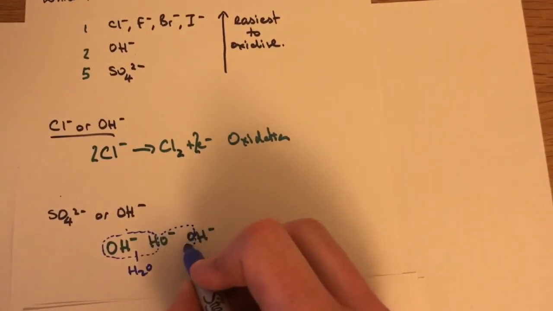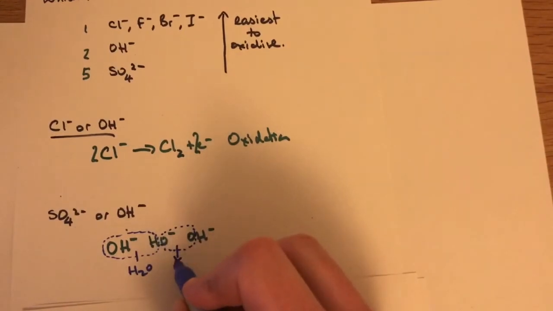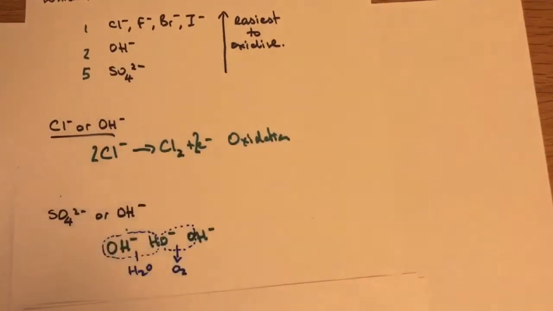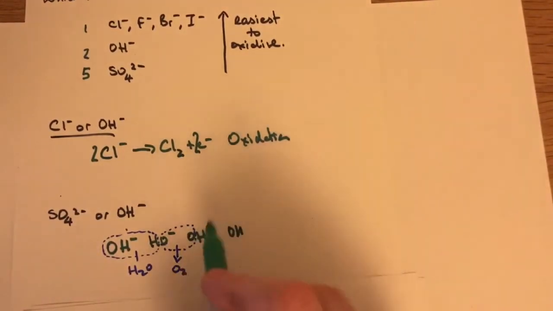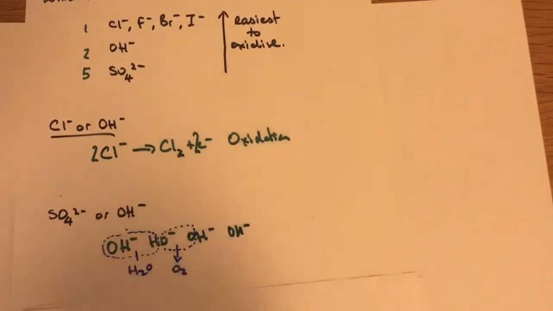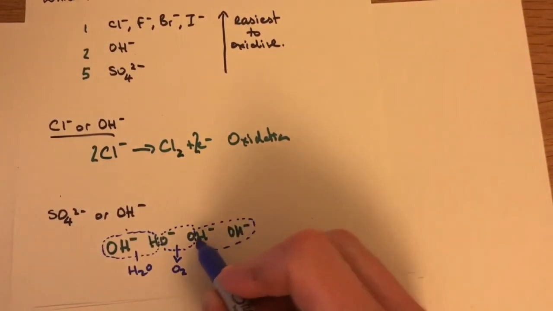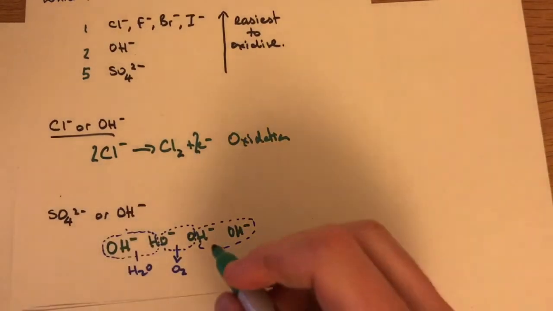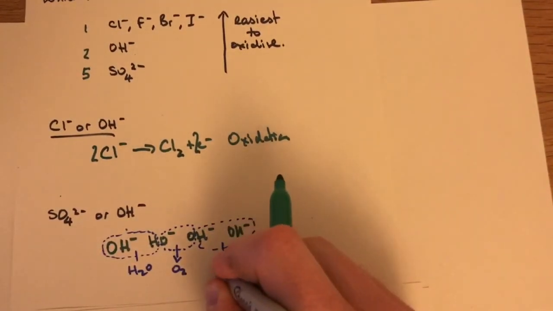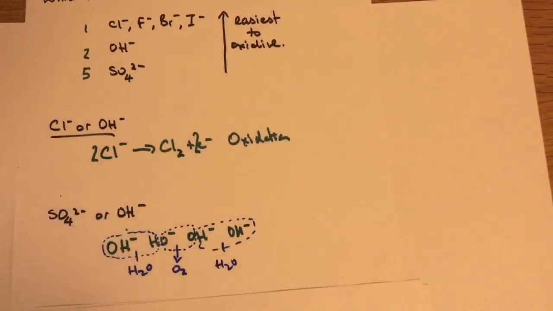The O and the O can come together, and 2 oxygens come together makes oxygen, O2, covalent, no charge. But I've got a charge left over, so I need another hydroxide ion to come along, and this will join with this to form another water molecule, which is covalent and doesn't have a charge.